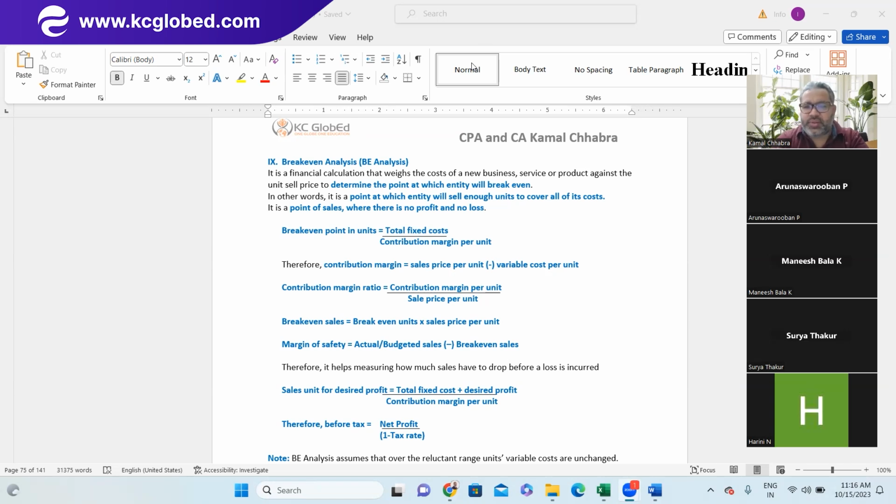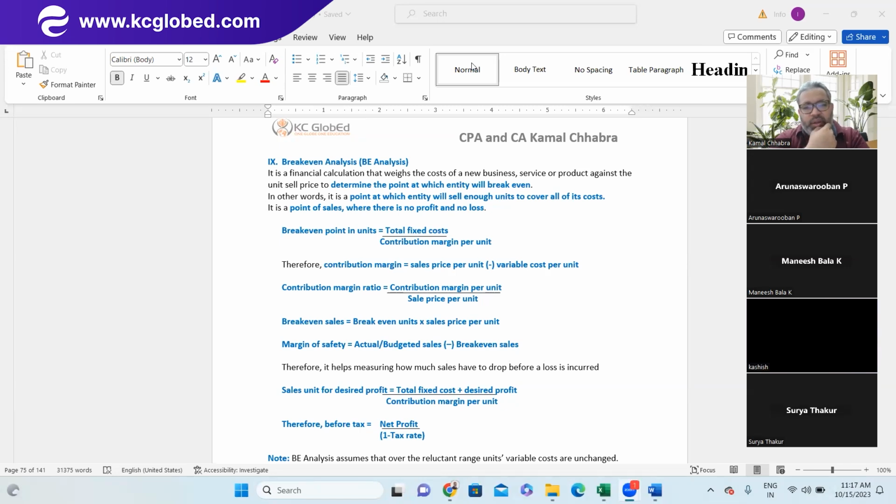The number of units at the break-even point multiplied by the sales price per unit will give you the break-even sales. That means this much amount of sales you need to make to recover all your cost. Then the next topic you may expect in your exam is the margin of safety.